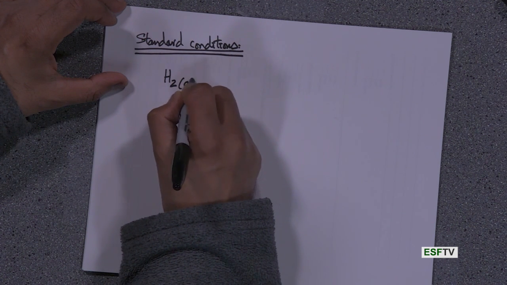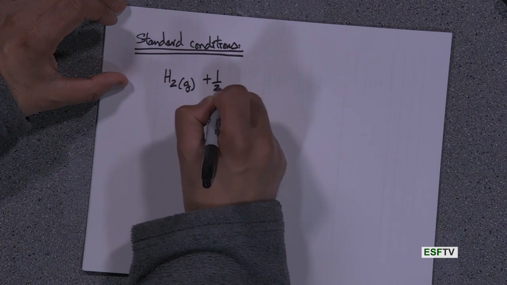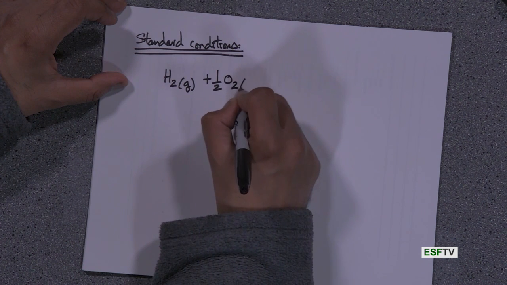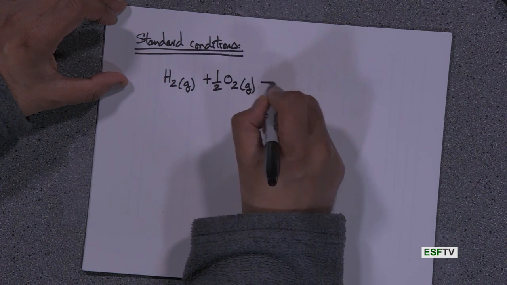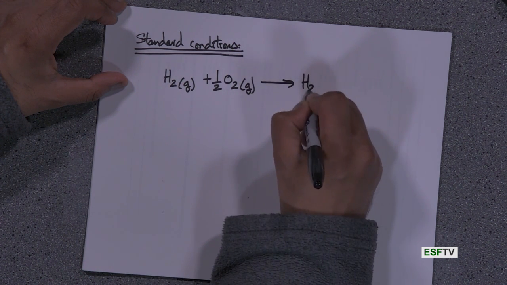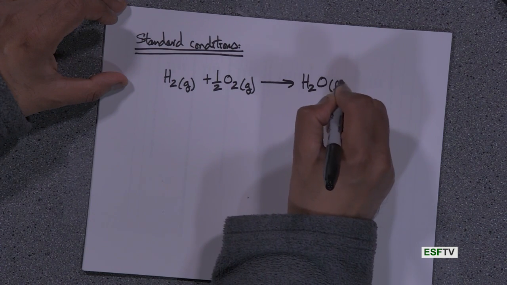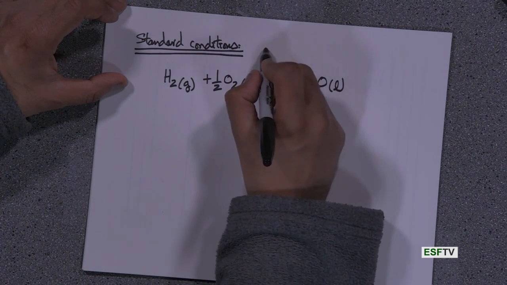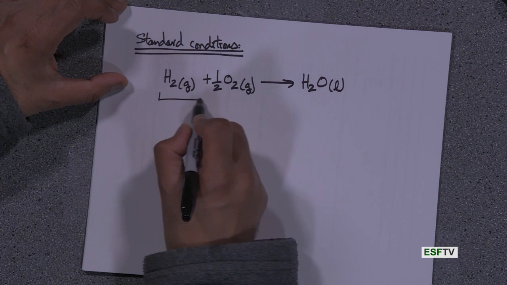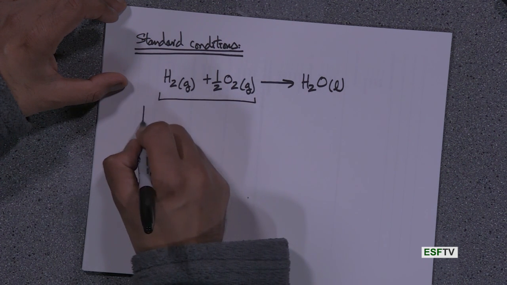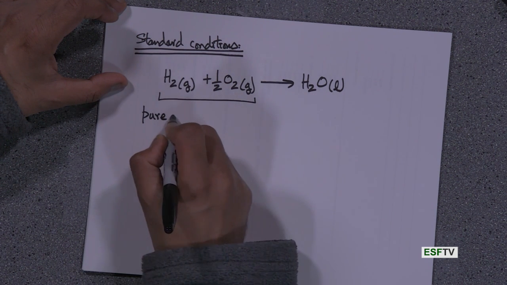H2 gas plus 1/2 mole oxygen in the gas phase going to H2O liquid. Everything on the left-hand side starts out in pure states.